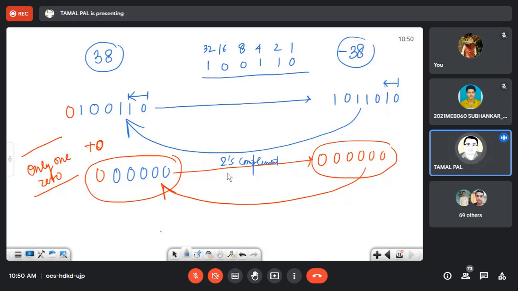That is, from right to left, up to the first one you keep it unchanged, and otherwise you make 0 to 1 and 1 to 0. So where is the first one here? From right to left, there is no such first one. So minus 0 and plus 0 are the same here.